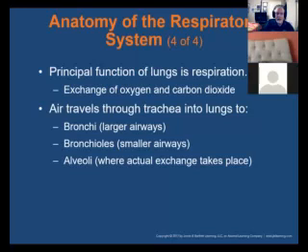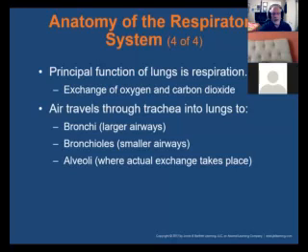The bronchioles, those are smaller airways. Remember, we talked about the other day that asthma is a reactive airway disease in the bronchioles. So what changes between the bronchi and the bronchioles? Oh, the cartilaginous rings go away.